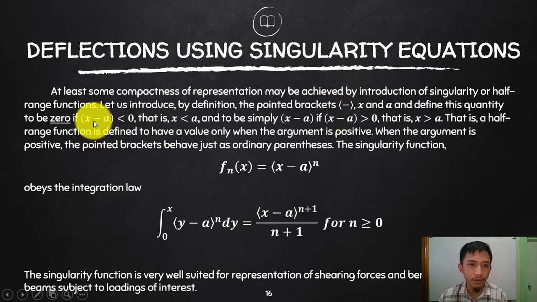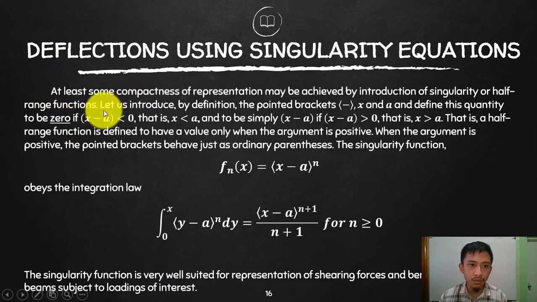So for example, this pointed bracket includes an x minus a. If you simplify it and the value inside the bracket is less than 0, or a negative value, then we can just make it 0.